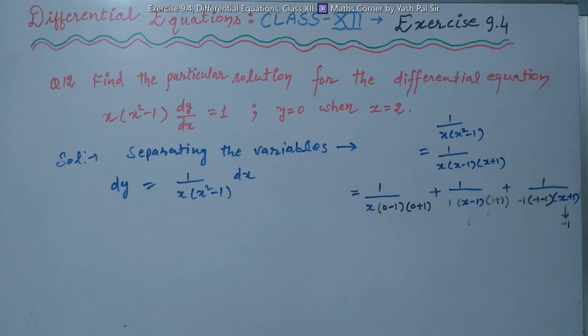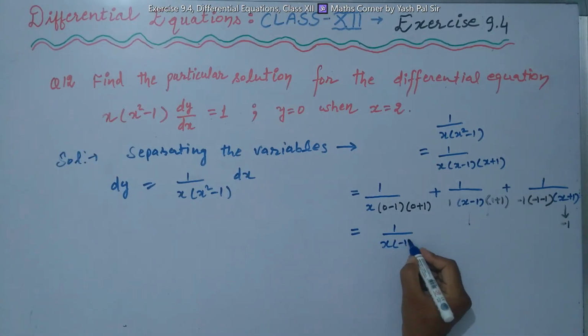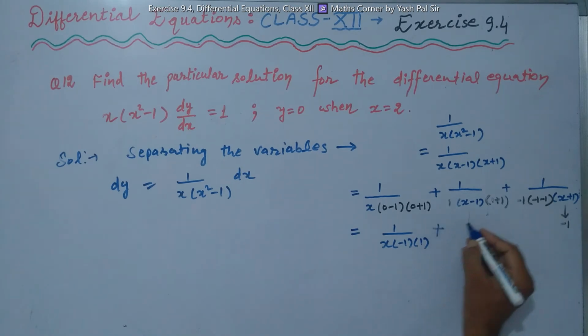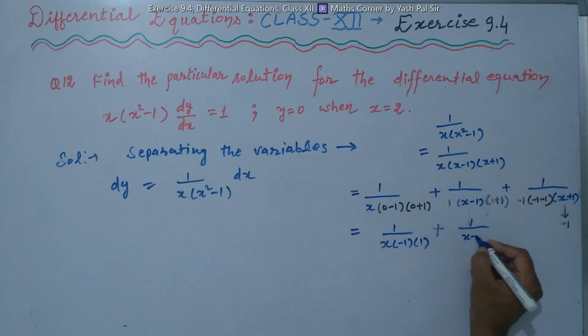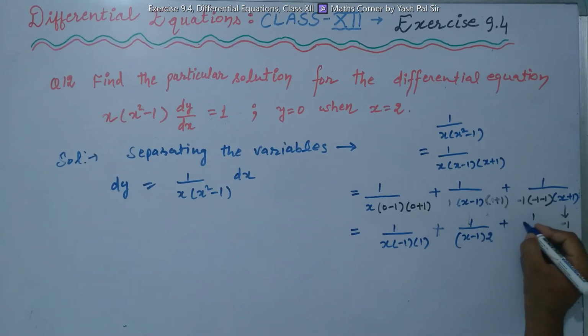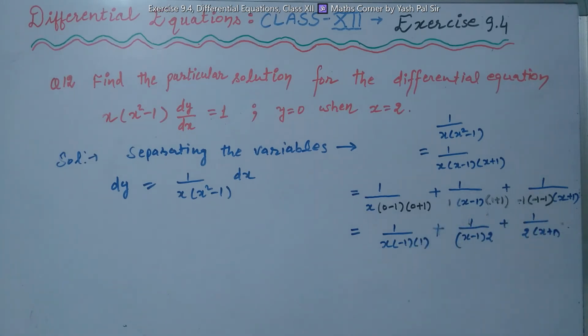Solving this now, we have this is equal to 1 upon x into minus 1 into 1, plus 1 upon x minus 1 into 1 plus 1, which is 2, plus 1 upon, this is minus 1 minus 2, becomes 2 into x plus 1.